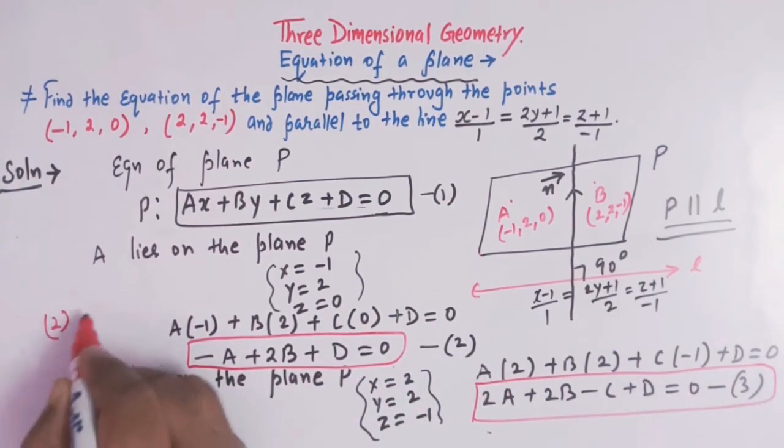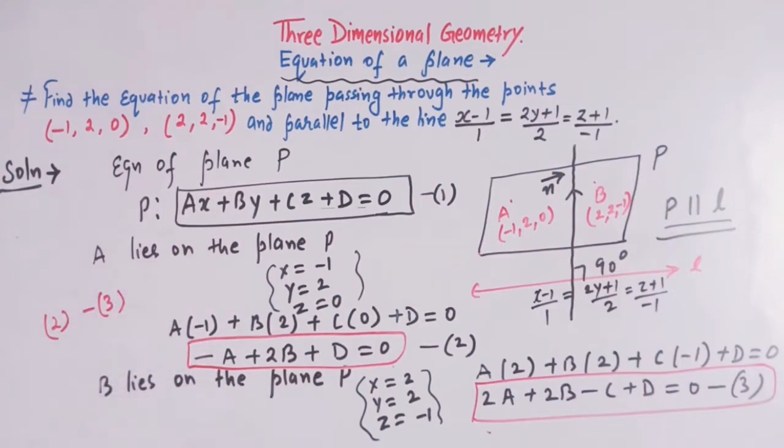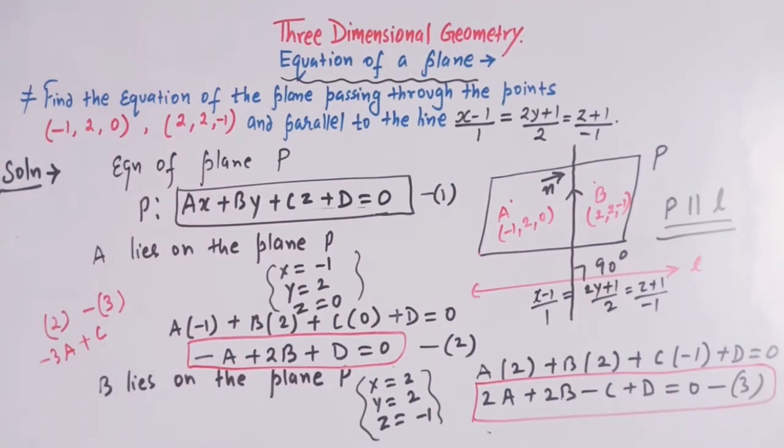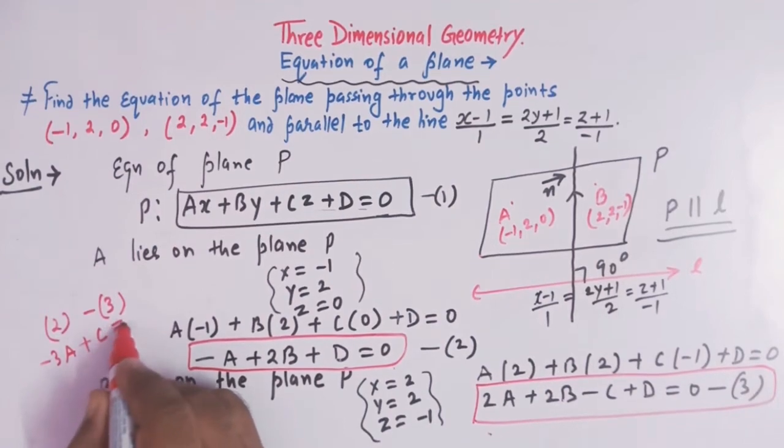So 2 minus 3, it will give us, see here we have minus a and here we have minus 2, plus 2a, right? So minus a minus 2a is minus 3a, then we have 2b and here we have 2b. So these 2b and 2b get cancelled, and then we have here minus c, so minus and minus becomes plus, so we have here plus c, and here d and d get cancelled, so we are left with this equation, right?